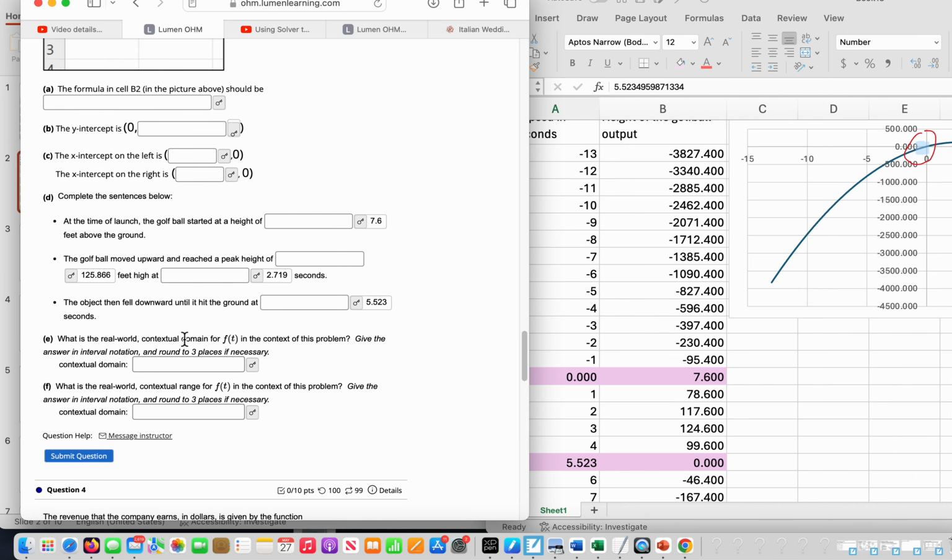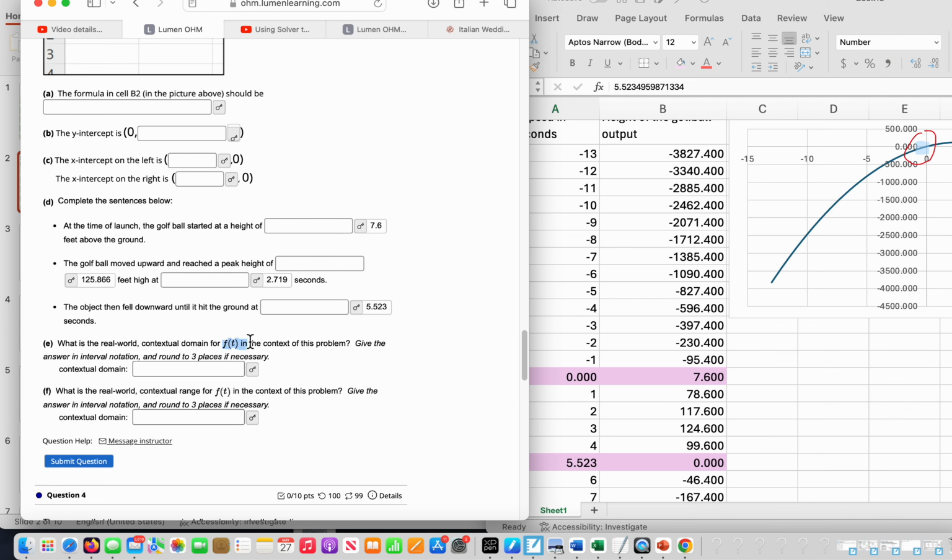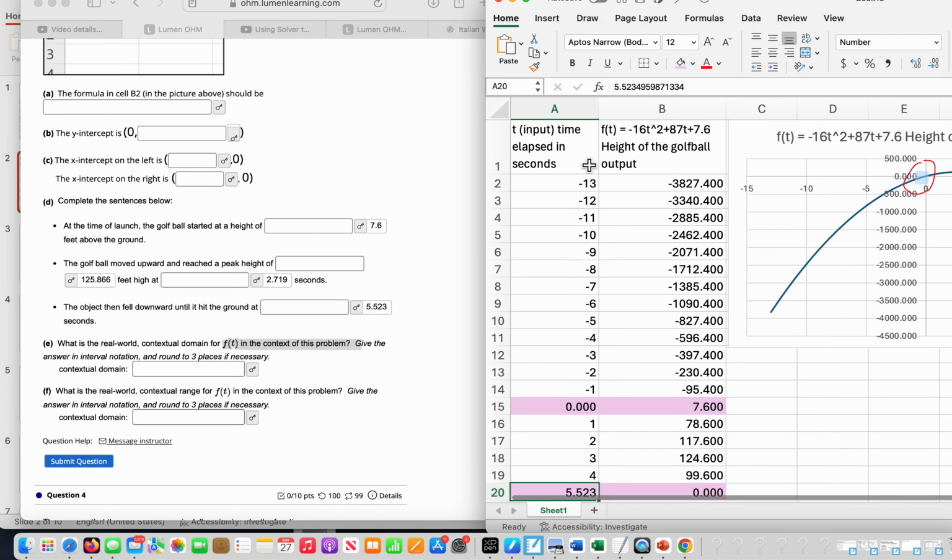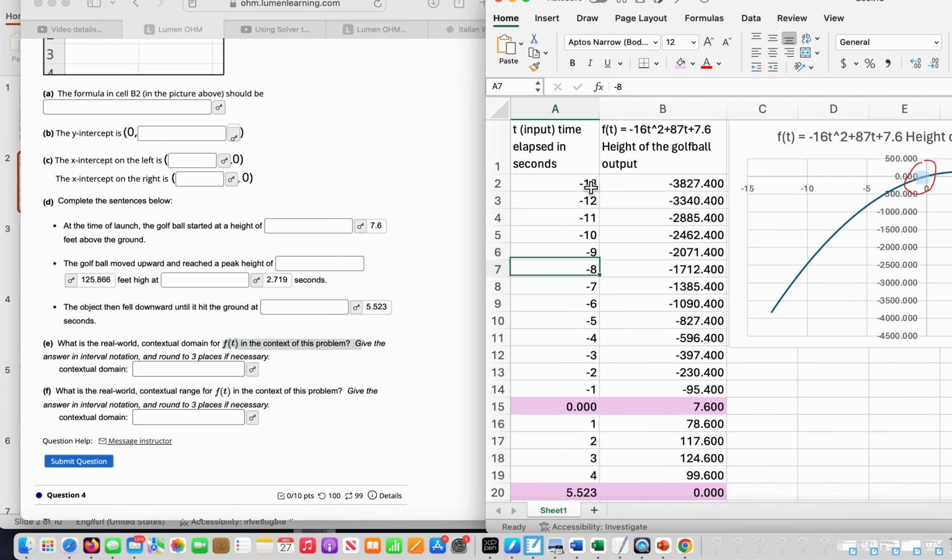Then it wants to know the real-world contextual domain for f of t. So meaning, what are the inputs? Now, in this function, we can see up here in our input-output table, we can put negative numbers into this function and we can get an actual answer, theoretically or mathematically. But if we talk about contextually, we can't have hit the golf ball negative seconds.